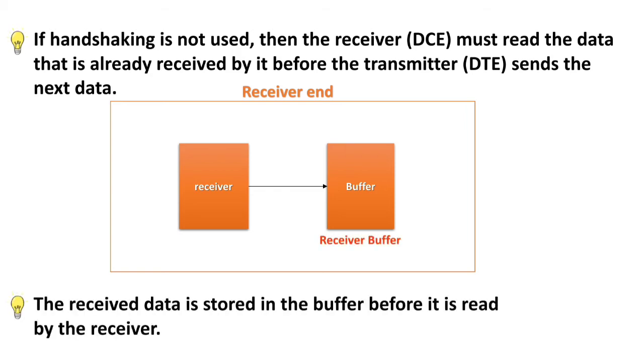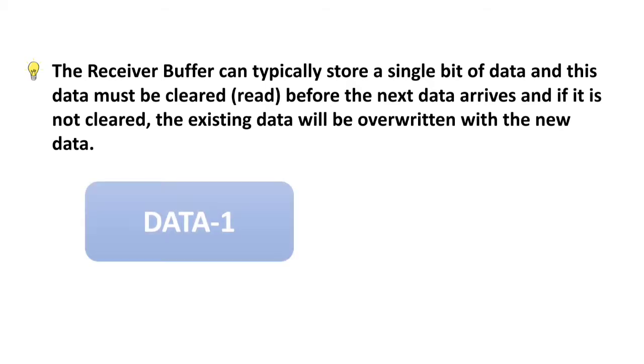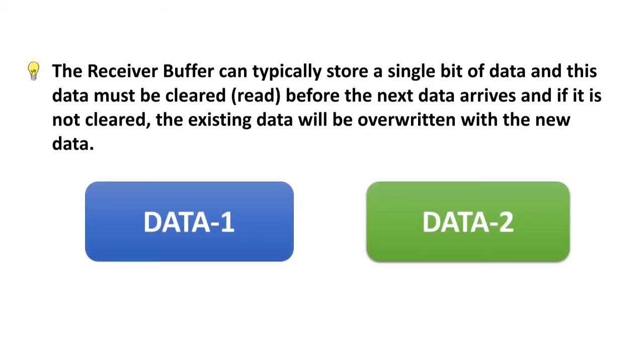The received data is stored in the buffer before it is read by the receiver. The receive buffer can typically store a single bit of data, and this data must be cleared, or we can say read, before the next data arrives. If it is not cleared, the existing data will be overwritten with the new data.